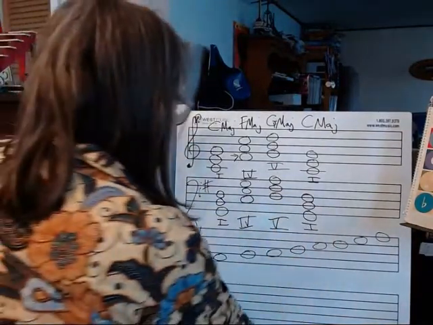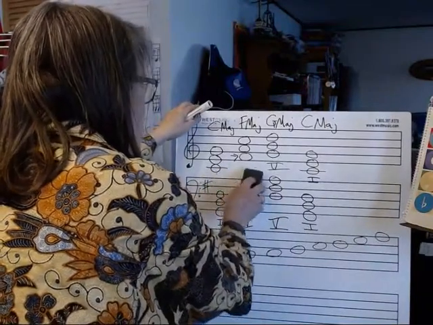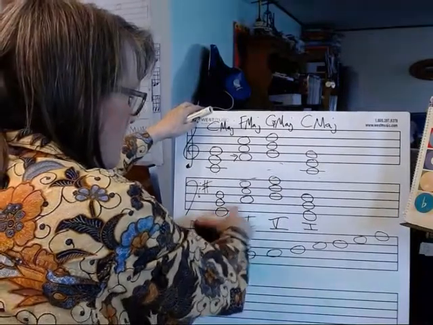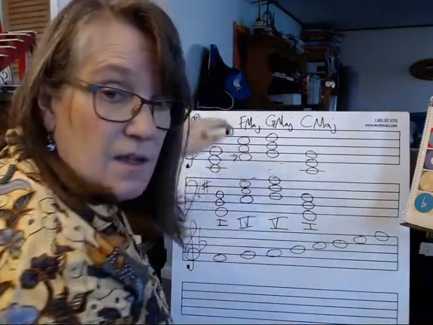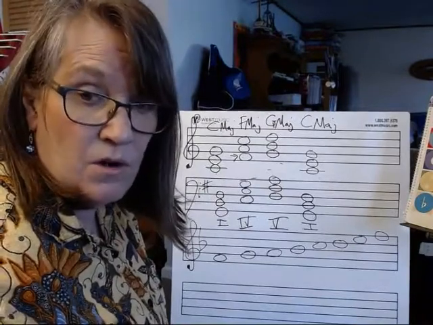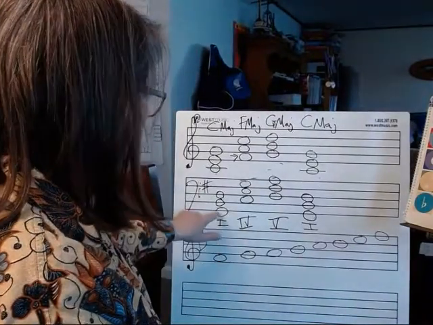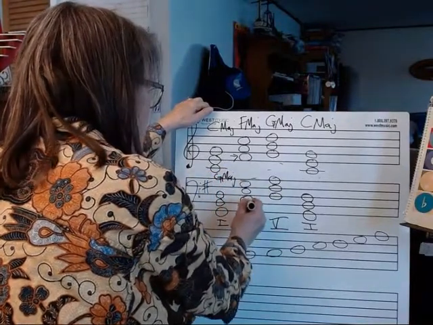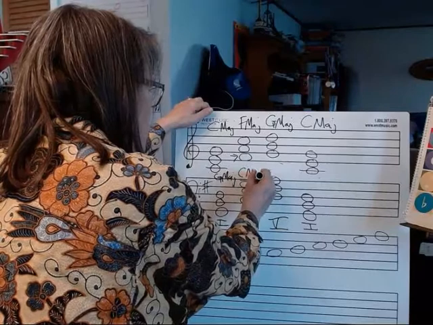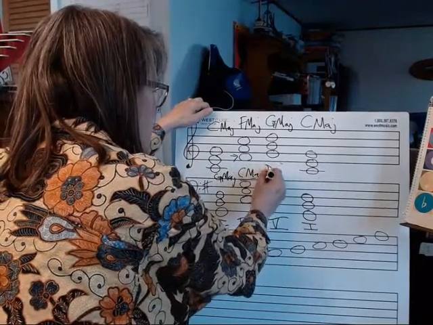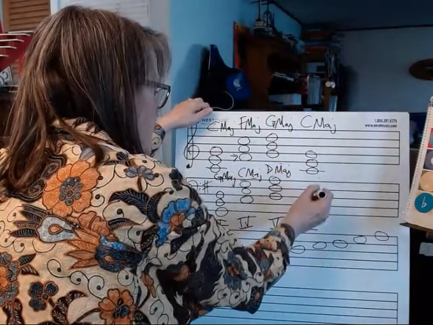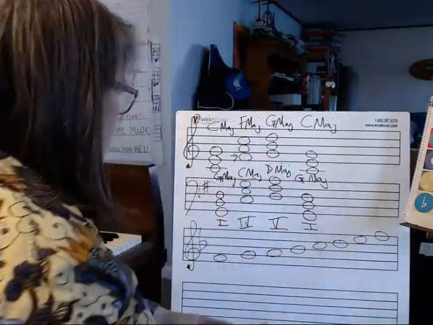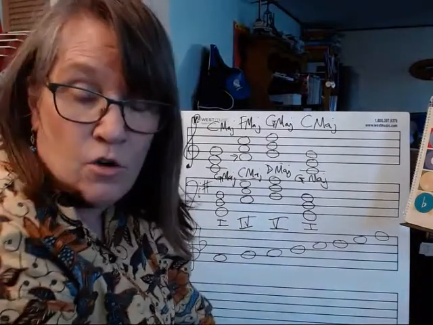Okay, the last part of this is spelling the chord. So where do I look? I'm going to look at the lowest note in the chord, and that is the name of that chord. So the lowest note here is a G. So this is a G major. This is a C, C major. This is a D, and this is a G. Okay, so that is a G major chord progression.